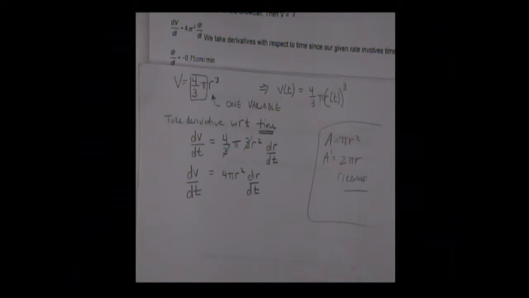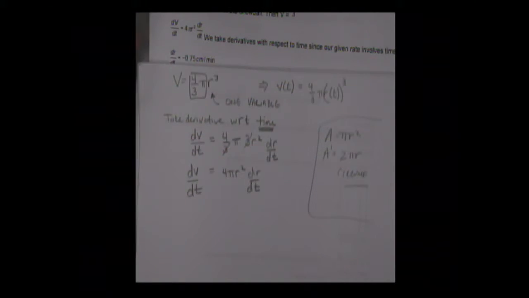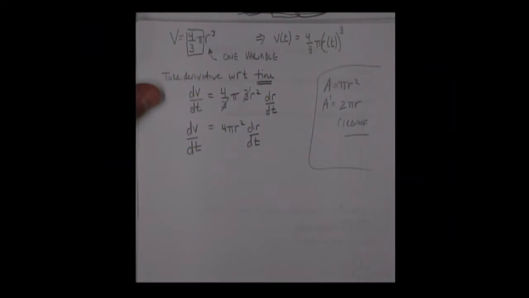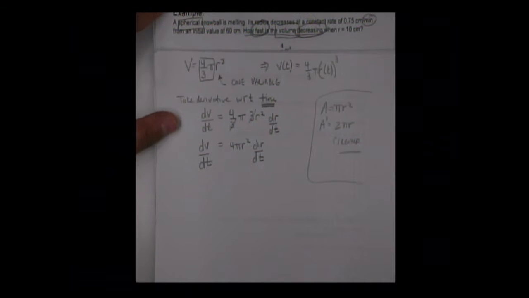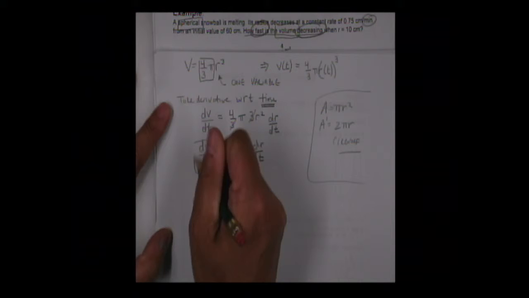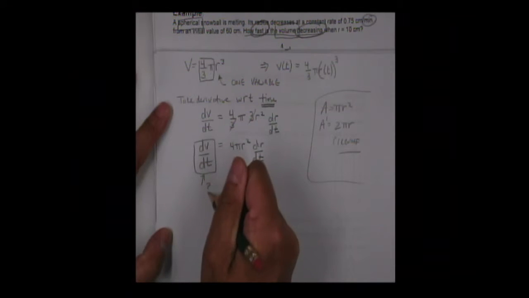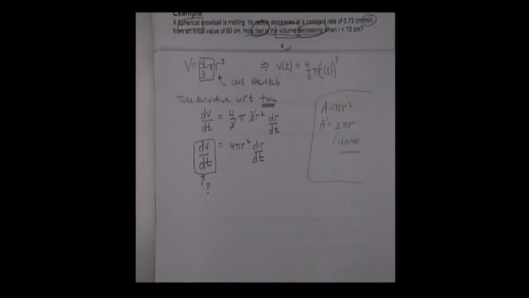Now, on this problem, we're down to what I think of as the easy part of the problem. Let me widen this out a little bit. Now what we do is we put in everything that we know. And notice it's saying, how fast is the volume decreasing? So that's what we're actually looking for. So what we need to do is put numbers in for the things on the other side.